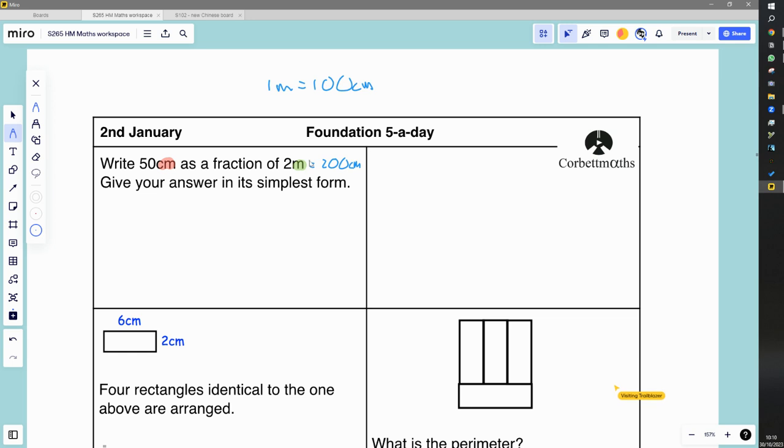Now, when it says as a fraction of, all you do is you take this and you put it over that. That would be the numerator, and this one would be the denominator.